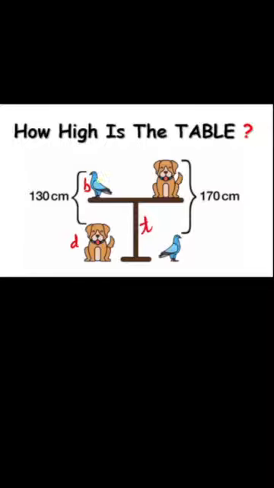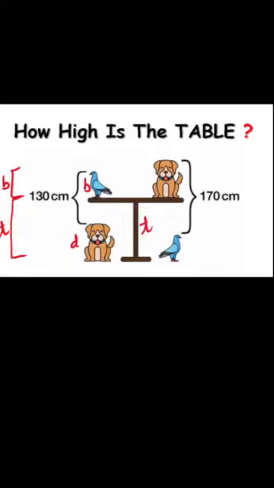On the left hand side, we have a bird and a dog, right? If I consider the entire height, this much is the height of the bird, and from here to the base, this is the height of the table, correct?